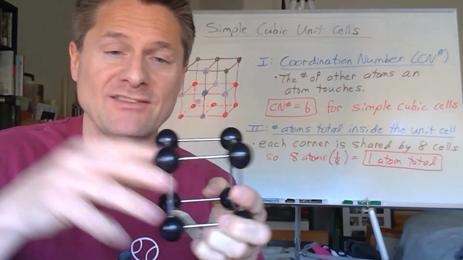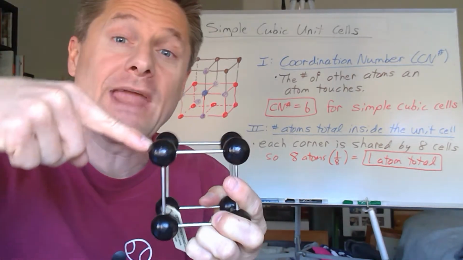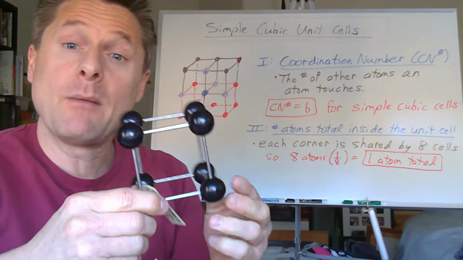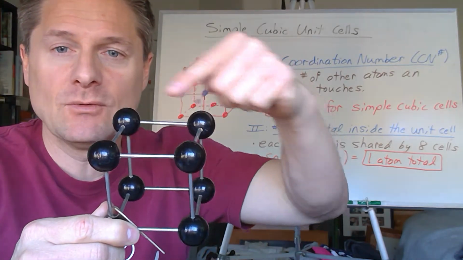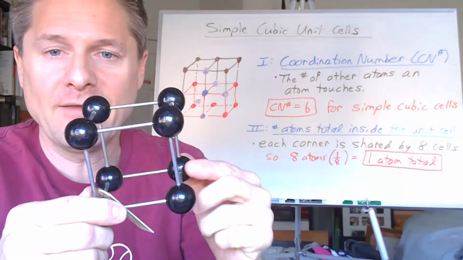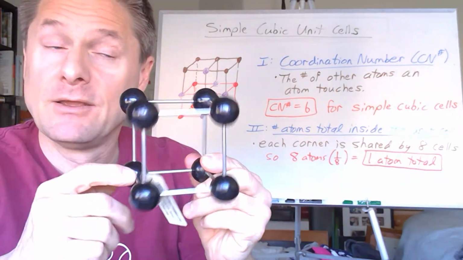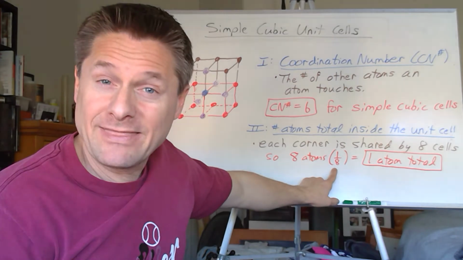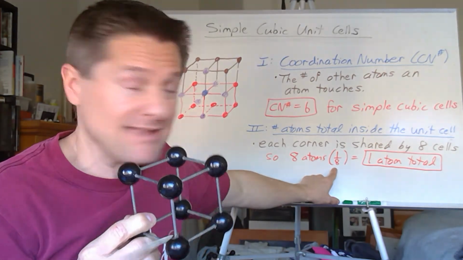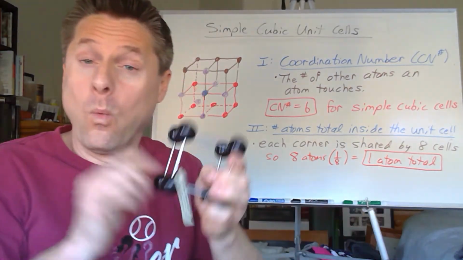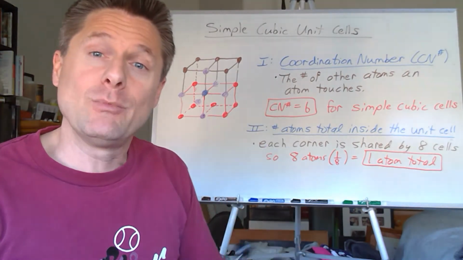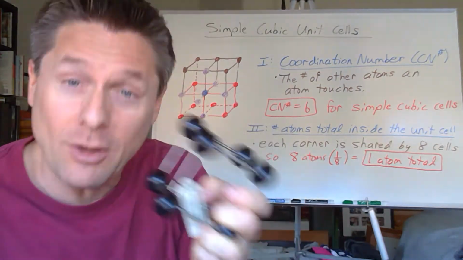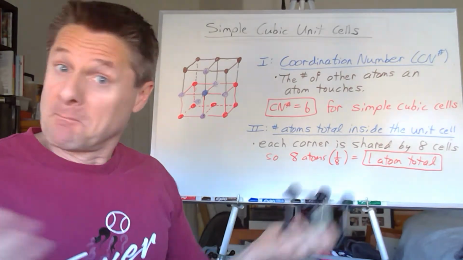Well, how many corners are there? 1, 2, 3, 4, 5, 6, 7, 8. So we have 8 corner atoms, 1/8 of an atom each, because it's shared by 8 cells. So 1/8 times 8 is 1 atom. A simple cubic unit cell has a total of 1 atom, just in 8 pieces.